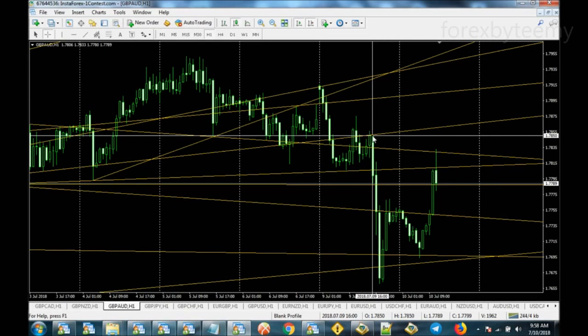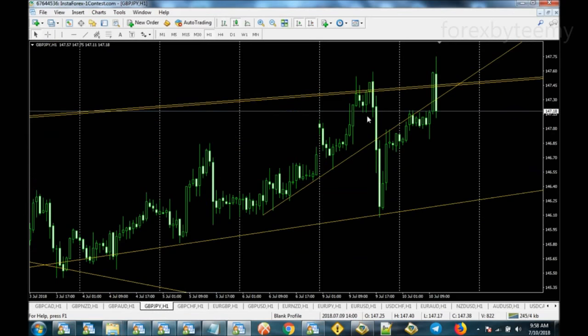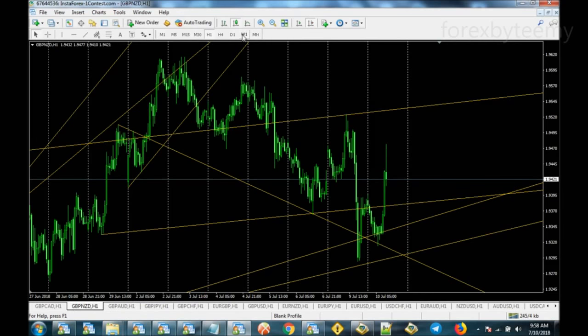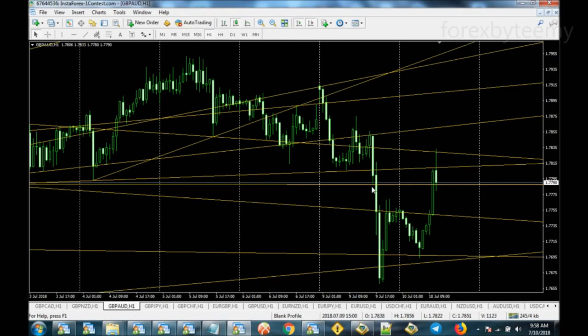Now GBP/AUD was coming down, it bounced off this trend line before going back up. That was the same time it bounced off everywhere else, at the point when it bounced off this particular trend line and went back up.